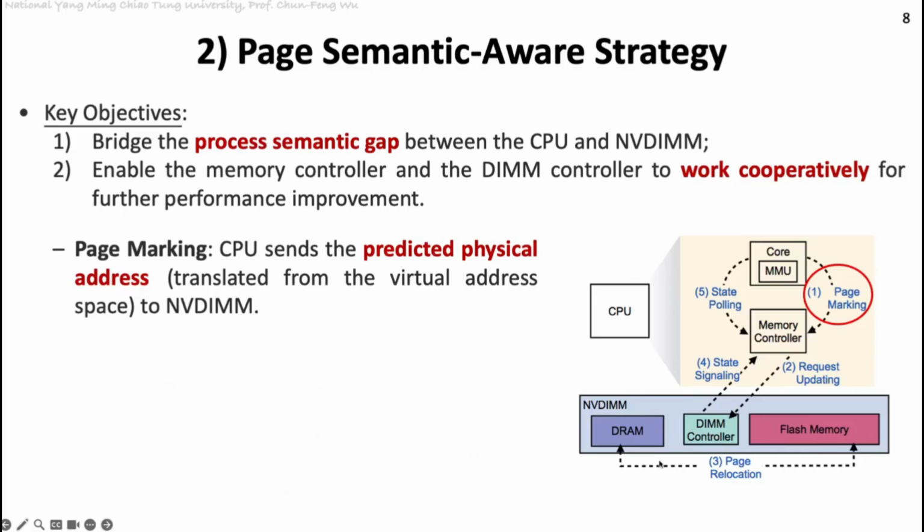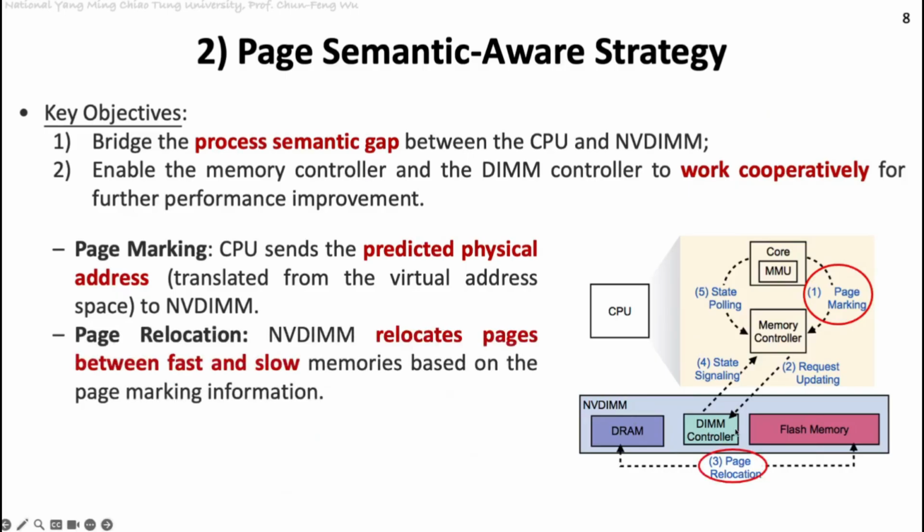The CPU outside the MVDIMM, the main CPU, has more permissions to access the patch table or process information or those kinds of structures. So the CPU outside the MVDIMM can help to collect those kinds of address information and then send them into the DIMM controller to do the further prefetching.